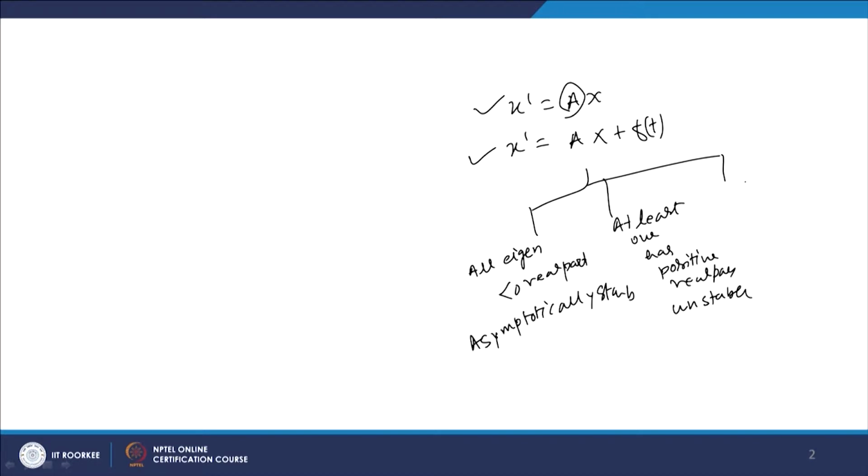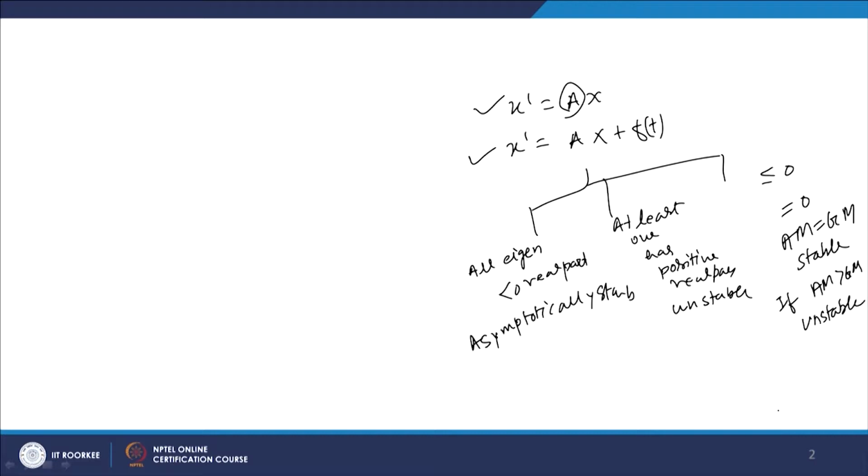And if all the eigenvalues have real part less than or equal to 0, and corresponding to 0 real part we have Am equal to Gm, then it is stable. If Am is strictly greater than Gm, then unstable. This we have discussed in the previous lecture.